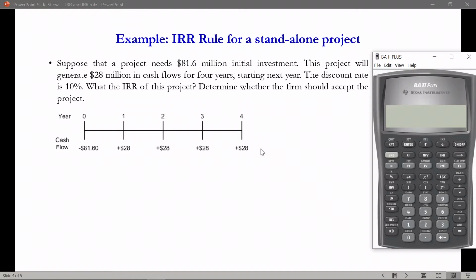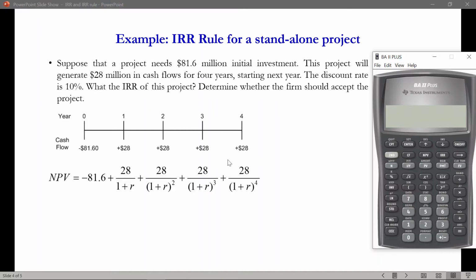So then to calculate IRR, as you know, IRR is the discount rate at which NPV is equal to 0, or it's a discount rate that makes NPV equal to 0. So I would write the NPV formula and then make this equal to 0.